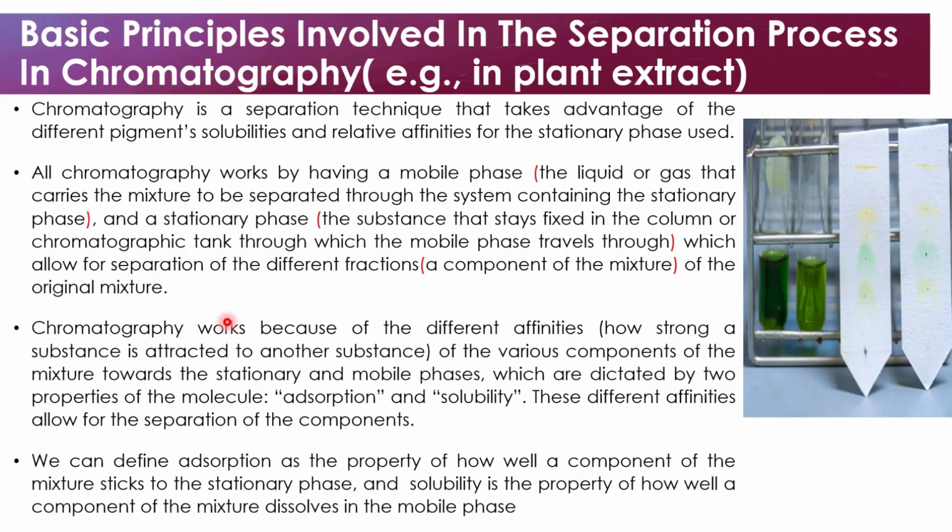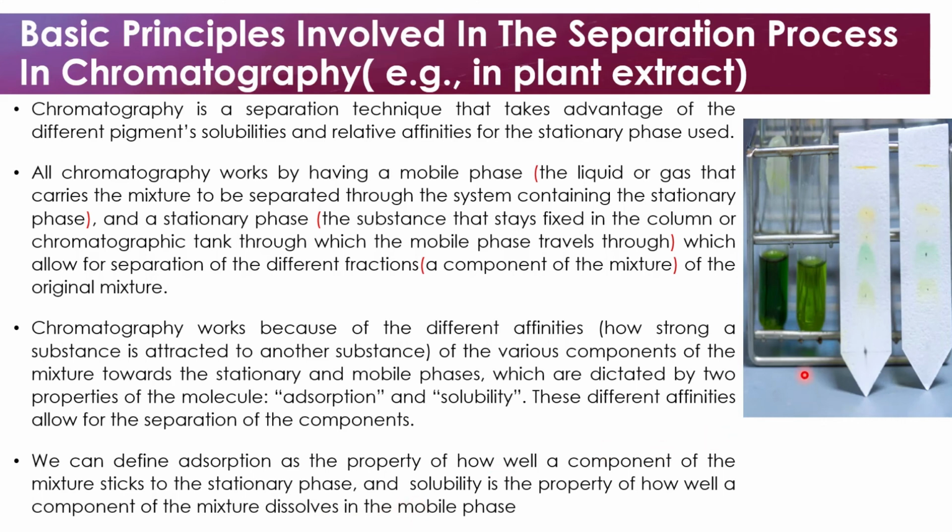These different affinities allow for the separation of the components in a mixture. So we can define adsorption as the property of how well a component of the mixture sticks to the stationary phase, and solubility as the property of how well a component of the mixture dissolves in the mobile phase.